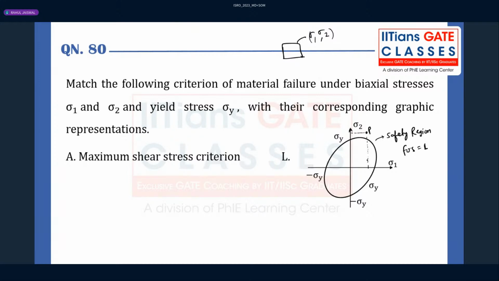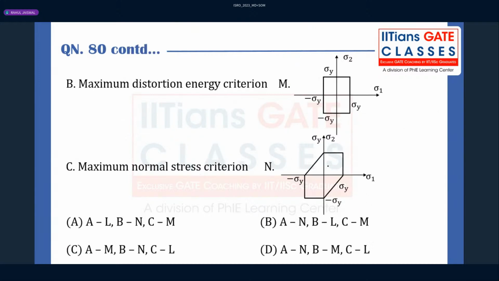The first representation what they have given here, we will see the other representation also. See here, what is this particular representation? This is for maximum normal stress criteria. C will go with the M. So here we have two options. What about the maximum distortion energy theory? For maximum distortion energy theory, you will find an ellipse. You will find the graph as an ellipse, right?